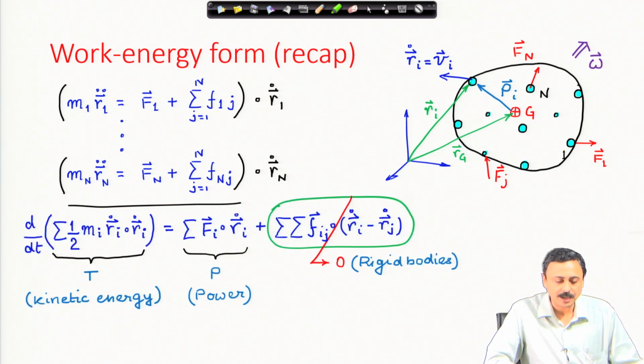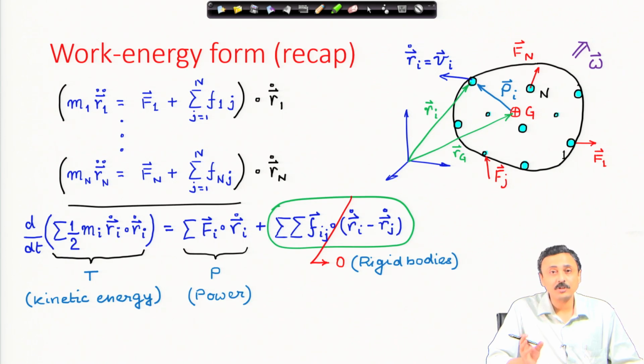And then we had summed up and we found that the rate of change of kinetic energy is equal to the power, and for rigid bodies this was taken as a special case. For rigid bodies this contribution of internal forces is 0, because the internal force direction and the relative velocity direction are orthogonal, because remember the relative velocity r i dot minus r j dot is omega cross r i minus r j.